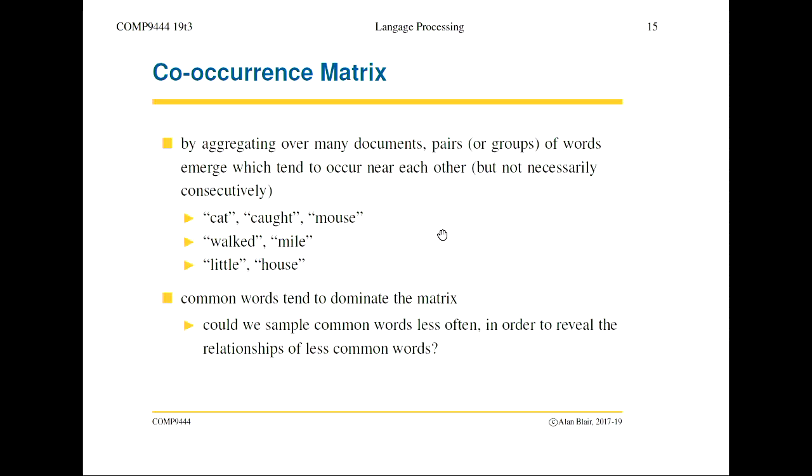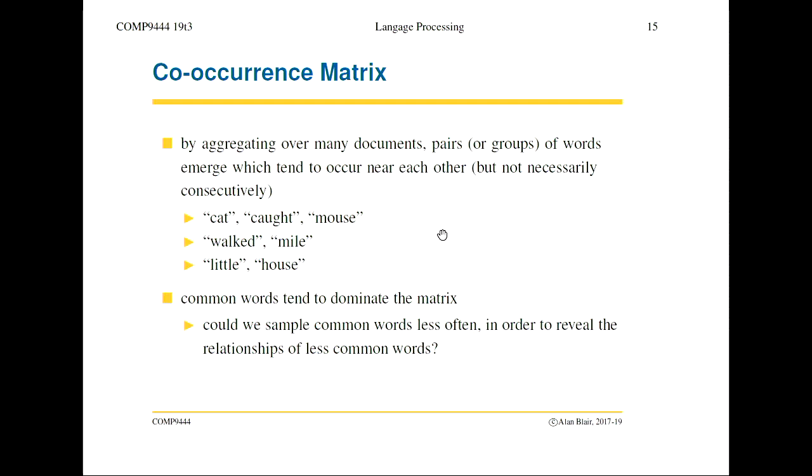So if we compute this co-occurrence matrix and we aggregate over many documents, we do see pairs of words emerging which are likely to occur near each other, but not necessarily right next to each other, but nearby to each other. So words like cat, caught, and mouse, walked, mile, little, and house. They can occur in either order. You know, I live in a little house. My house is little.